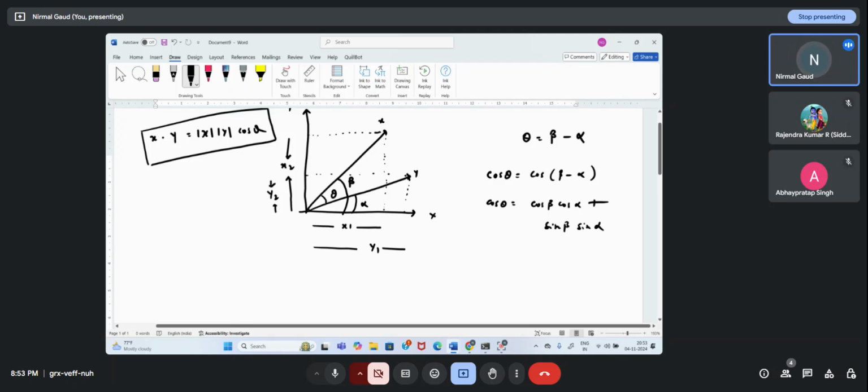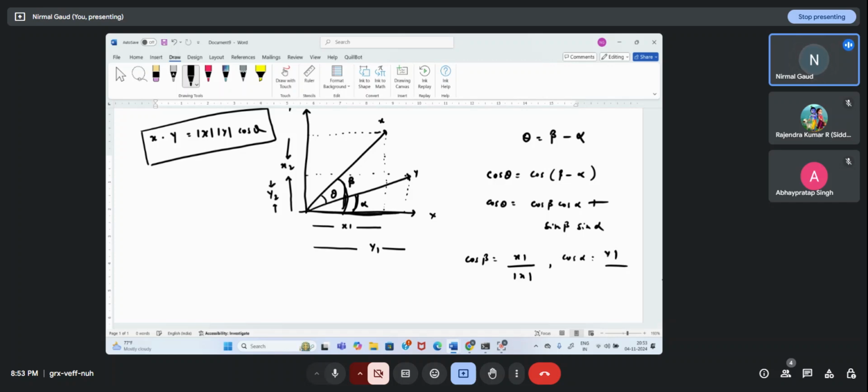Just check the diagram. This is beta. Cos beta is based upon the hypotenuse, so cos beta is equal to x1 upon magnitude of x. Cos alpha, this is alpha, so that will be y1 upon magnitude of y.